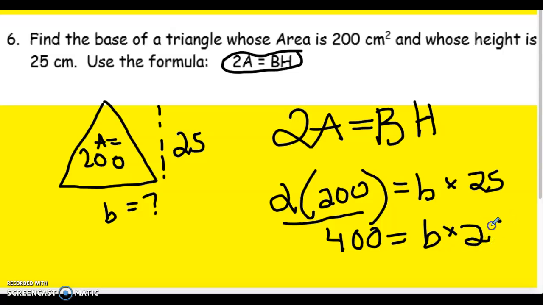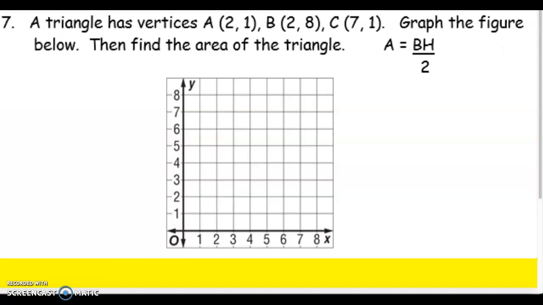Well, to find that number, you're going to divide on your calculator 400 divided by 25, and that's going to be the base. And whatever answer that is, you're just going to label it as centimeters. Okay, feel free to hit pause, rewind if you want to hear me explain that again. You can pause it each time you're finding the answer before you go on to the next question.